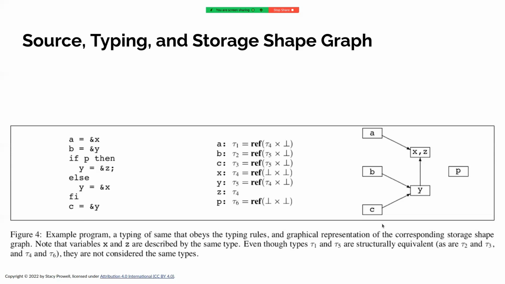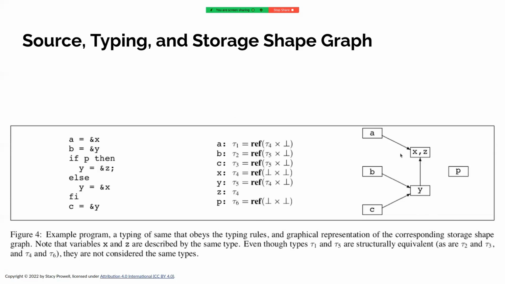This is an example straight out of Steensgaard's paper. He gives you an example program and says, here's a typing that obeys the typing rules. He's not claiming this is the only way to assign types. Maybe I can do something much more specific or a little different, but this is a typing that obeys the typing rules, and this is the graphical representation of the storage shape.